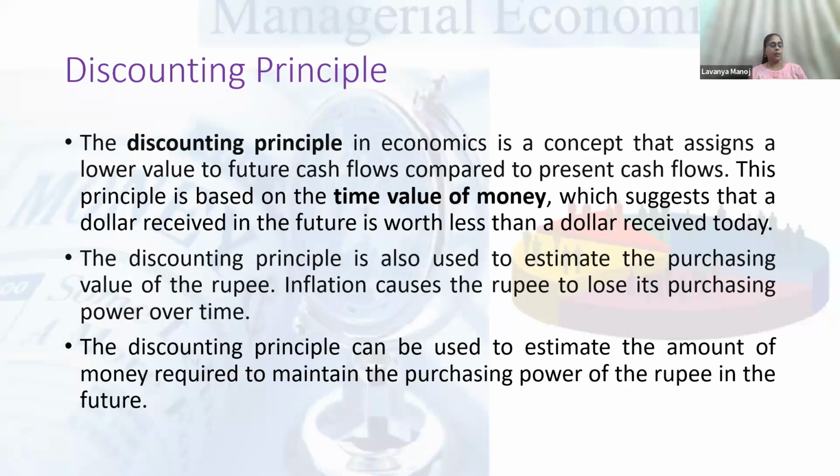For example, if the organization is promising its customers that it will give a few items at a discount, it means they are going to lose something. Whatever they are selling presently at the lower price is far more beneficial than selling at a discounted price in the future.